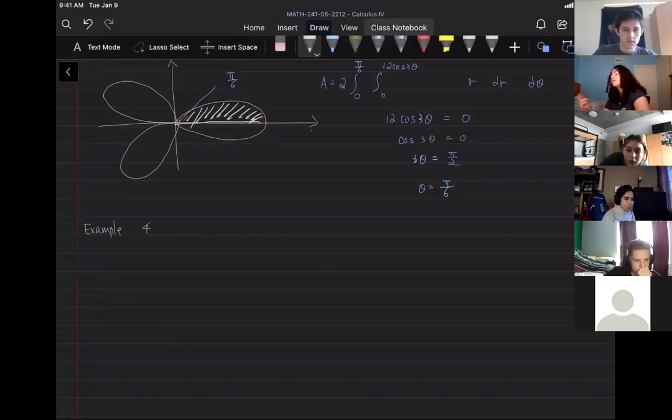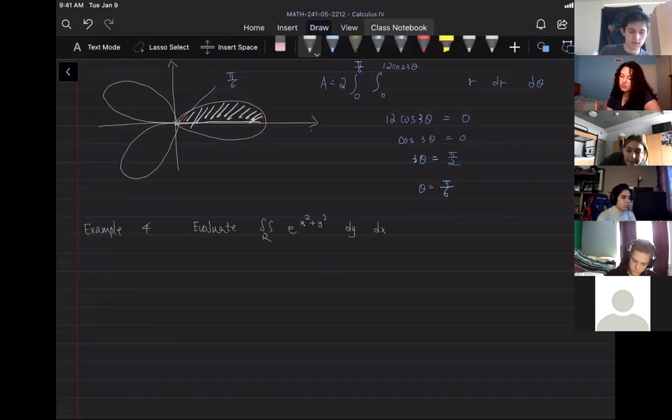We want to evaluate this one. Double integral dy dx, and R is the upper semicircle bounded by.